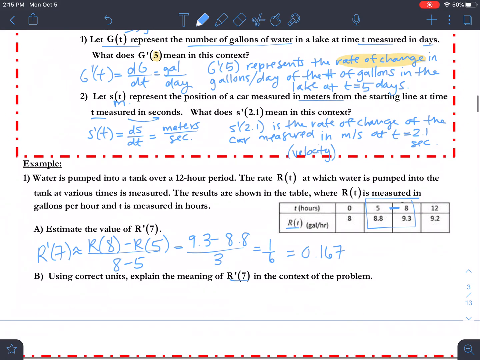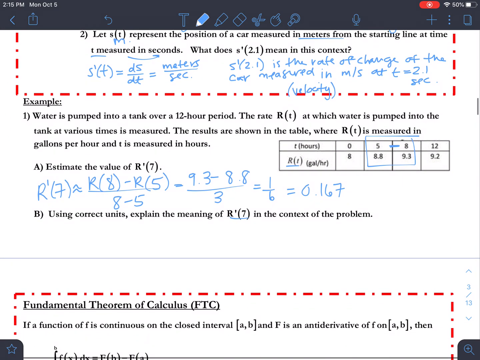Okay, and once you're ready with that, let's go on to R prime of 7. So the same problem, back to this water being pumped into a tank. Okay, we figured out what R prime of 7 is. So what is R prime of 7? Well, it represents, in the context of this problem, the rate of change of a rate.